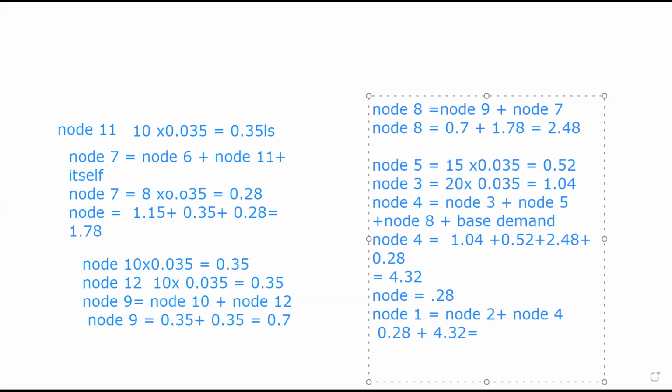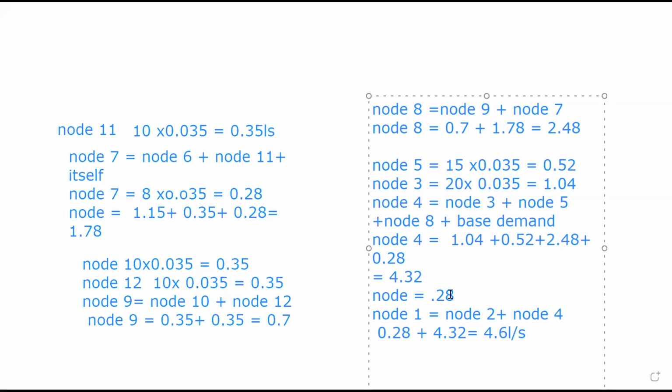That will be 4.6 liters per second. Now, if you scale this thing up, this is the hourly peak flow of water that will certify the entire layout.